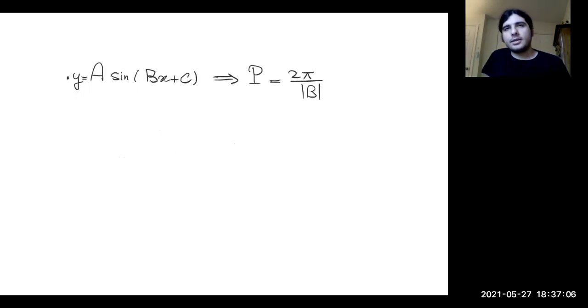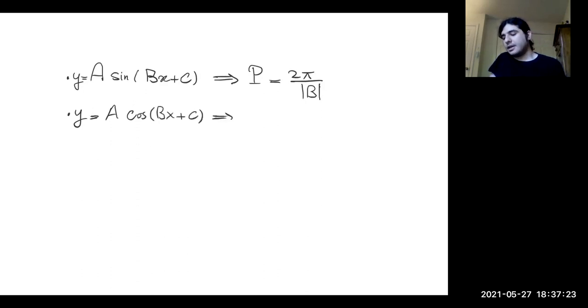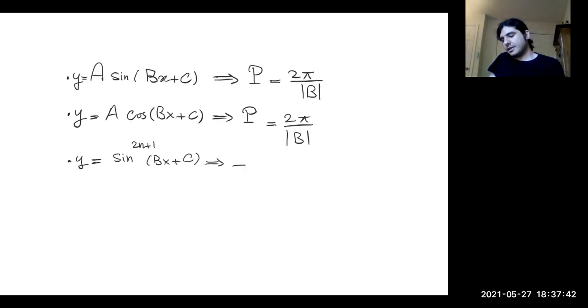So if we multiply x by a number, we divide 2 pi by that, and that is the period. The same is correct for cosine. The period of a cosine of bx plus c is also the same thing. If the sine function is raised to some odd number, the period does not change. It is still 2 pi over the absolute value of b.